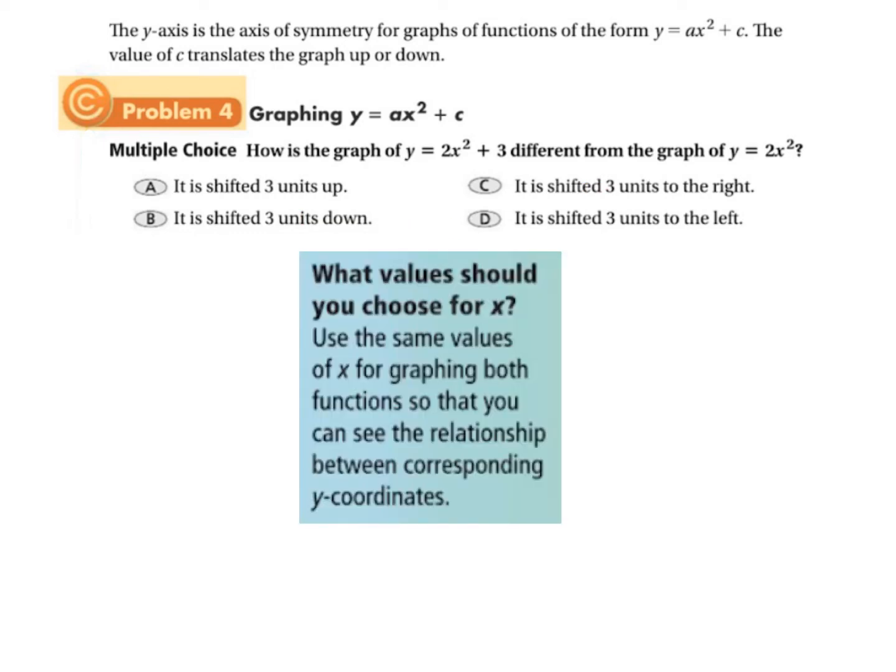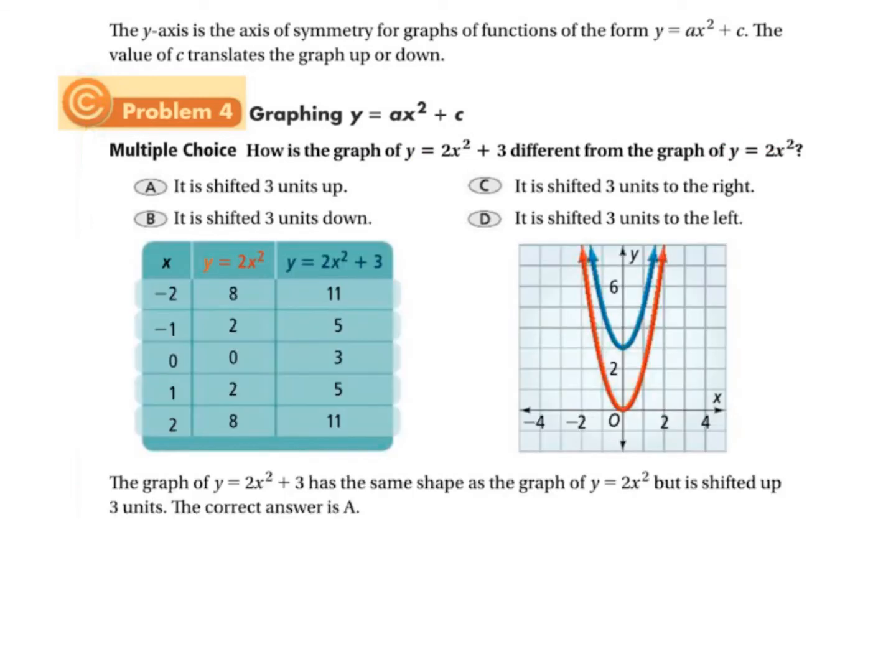Well, if we're going to make a table of values, and we should, what values should we choose? If for both functions we choose the same values, we'll be able to see what's going on at those particular points. So let's plug in -2 to that one and then -2 to that one. And what you will see if you compare these is that this +3 makes each output value 3 higher every time.